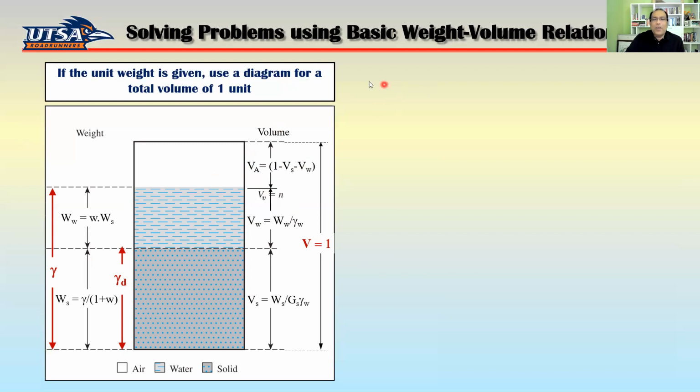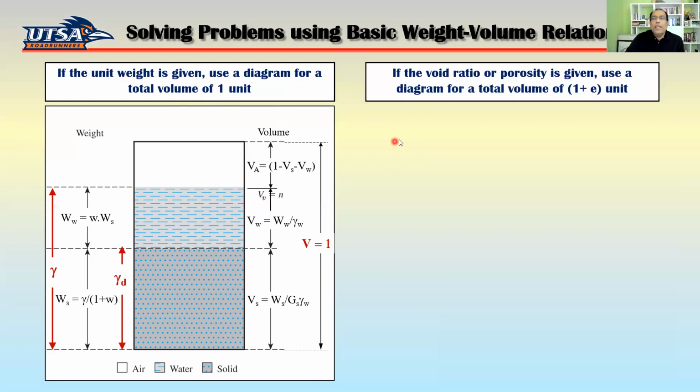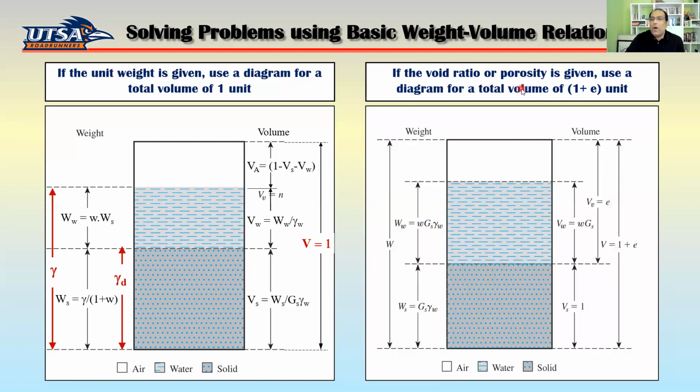Now, the second way to do that. Here, your unit weight is given. But if your unit weight is not given, but the void ratio or porosity is given, then you always take a diagram and the total volume would be 1 plus e units. It means you take it in such a way that your volume of solid is 1, okay?